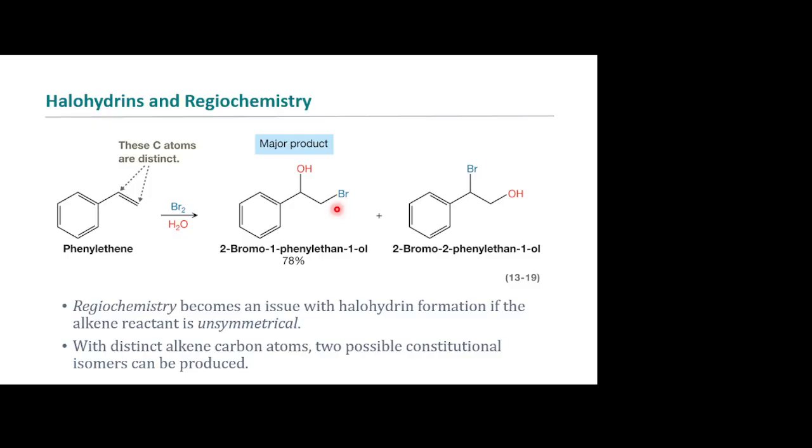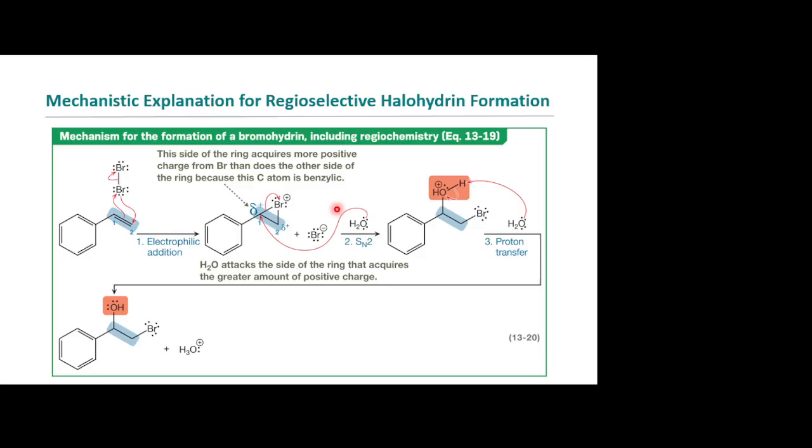It is again because of the alkene carbon atoms, we have two possible constitutional isomers that are going to form. And this is actually what these states look like. Remember that first state we're forming is the electrophilic addition, and it makes this positively charged three-membered ring. When we make that ring, the positive charge is not just on the bromine, right?